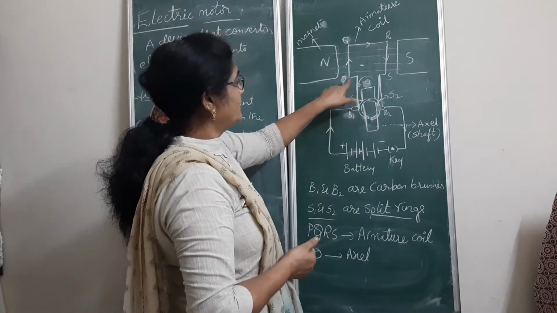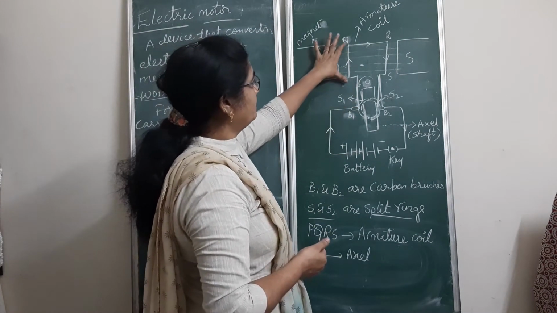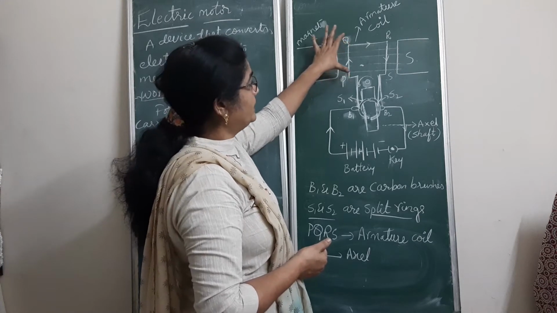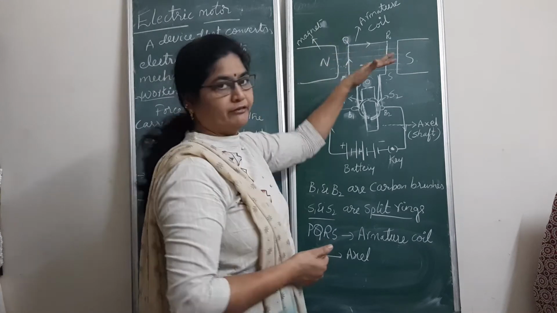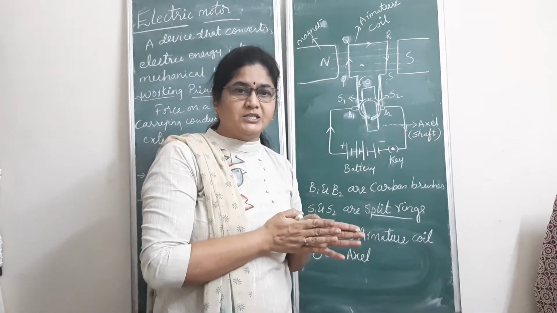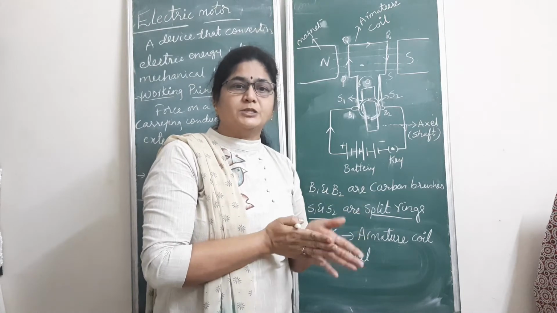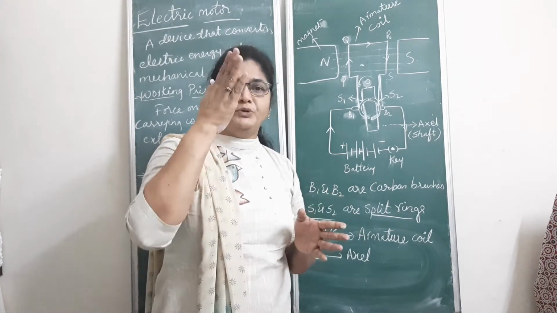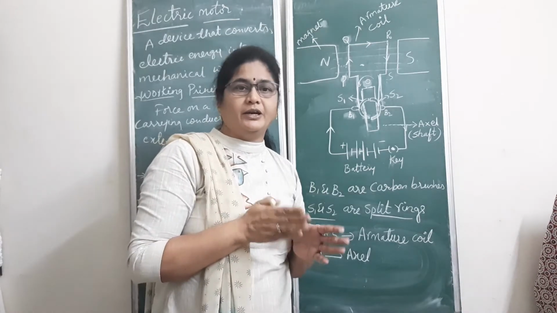So now this arm has a current passing through it and is placed in the external magnetic field. We know that whenever a current carrying conductor is placed in an external magnetic field, it experiences a force, and that force is maximum when the conductor is in a perpendicular direction.